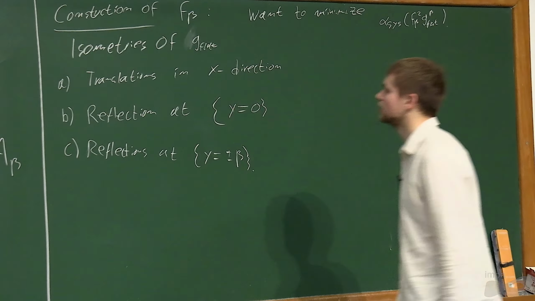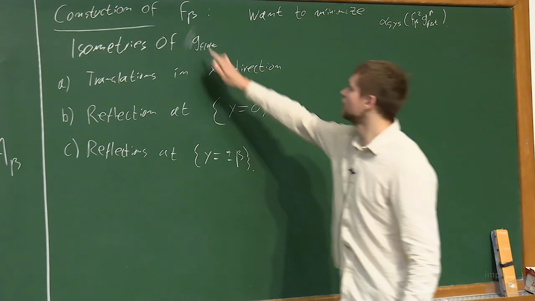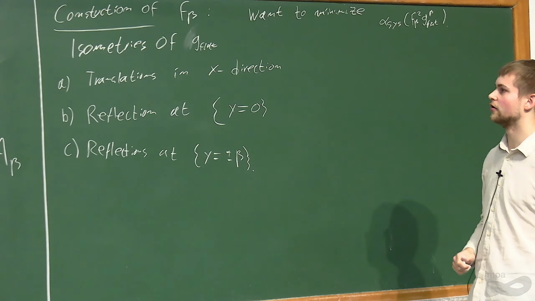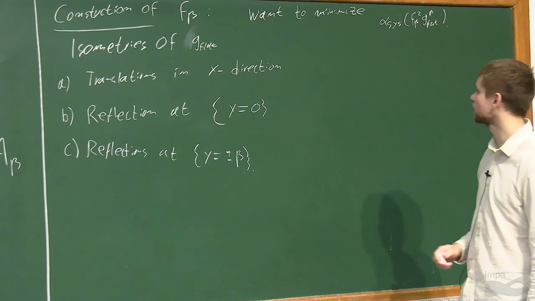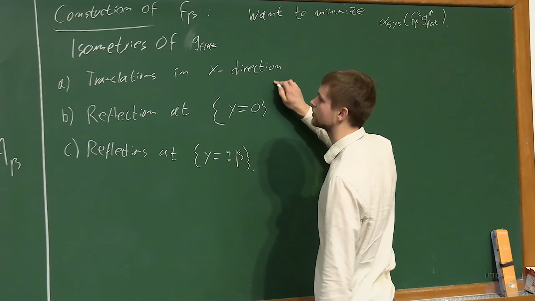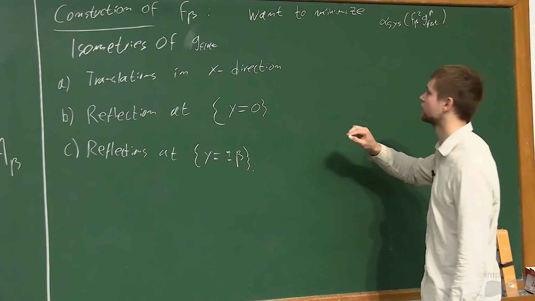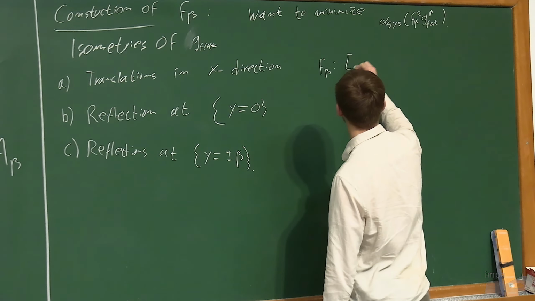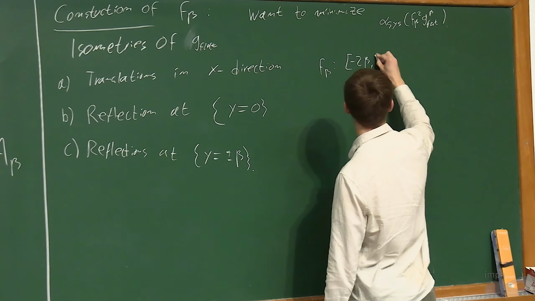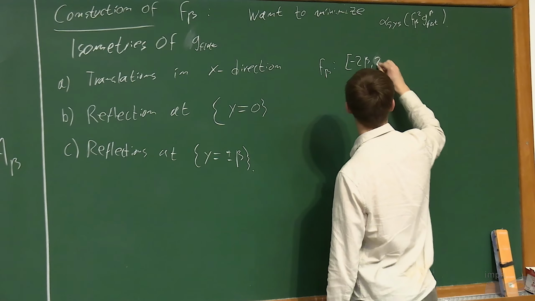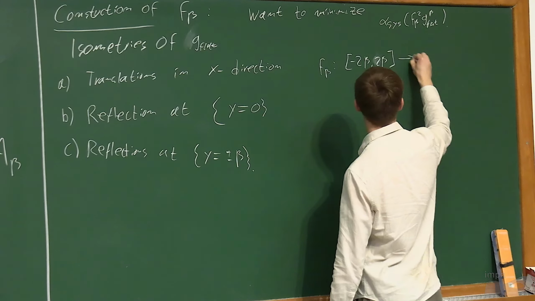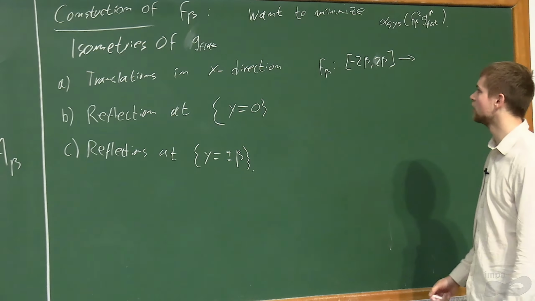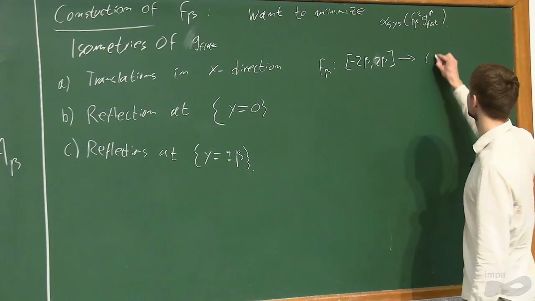And what this gives us is that instead of having to work with a function that is defined on all of this Klein bottle, the first class of isometries allows us to only focus on functions which are defined on this interval from minus 2 beta to 2 beta, because any function which is invariant under these isometries will only depend on the y coordinate.